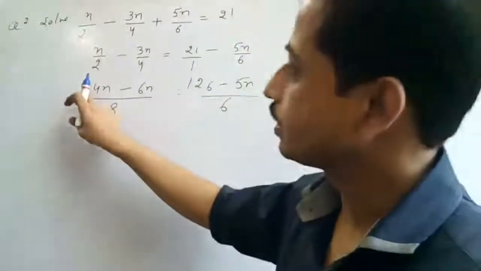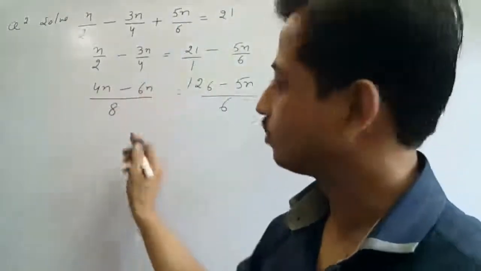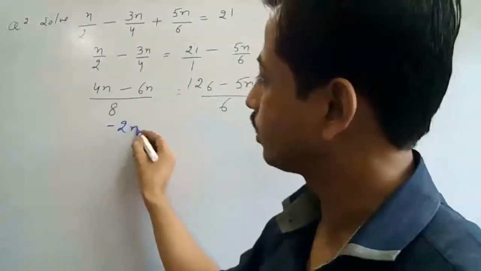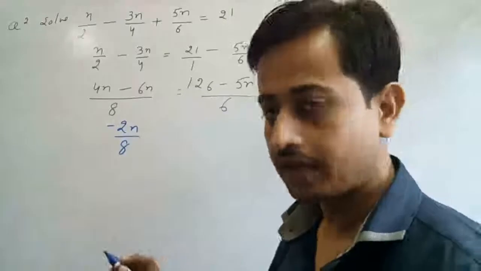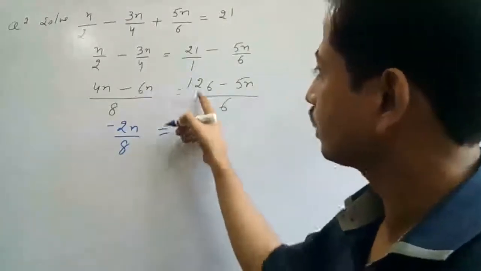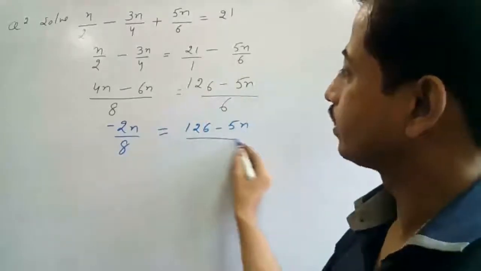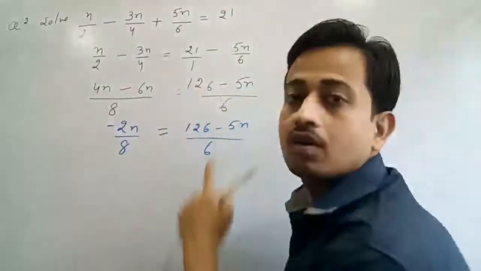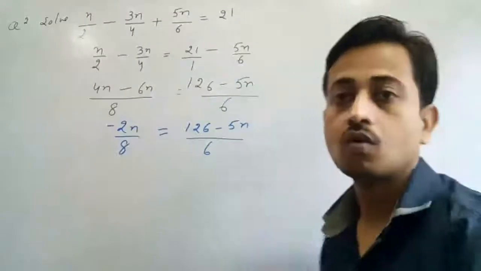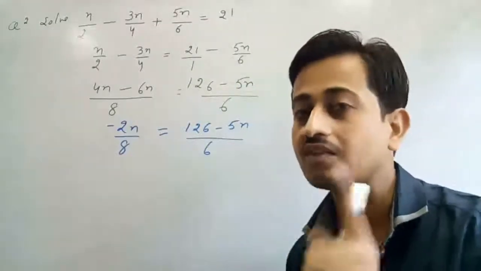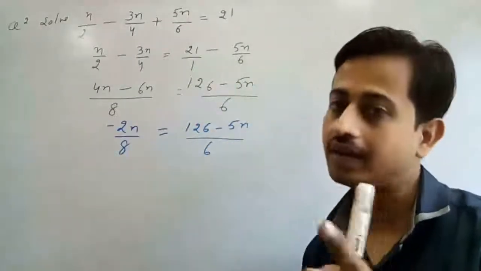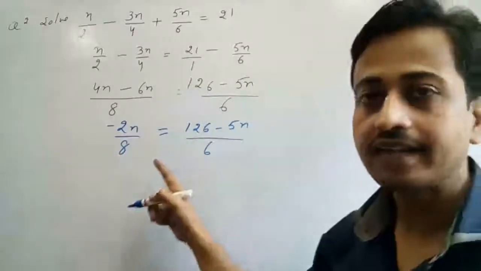Now what if we subtract 4n minus 6n? We get minus 2n divided by 8. Now here this is 126 minus 5n divided by 6, because 126 is a number, but 5n is a variable into a number, so this can never be subtracted or added. So we have to write it as it is.